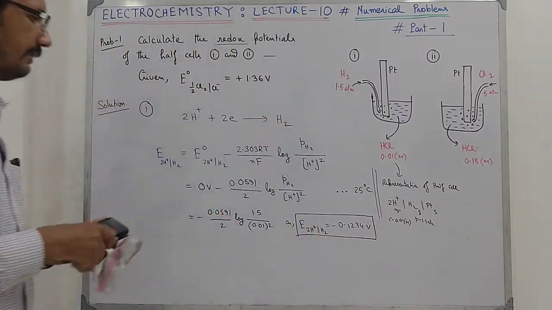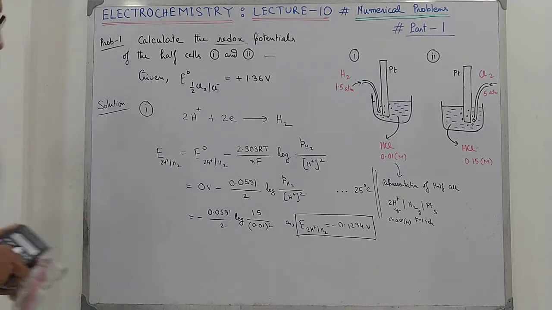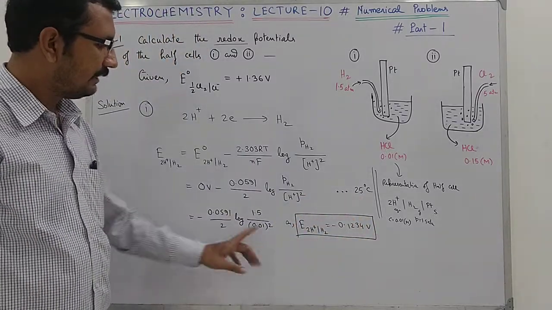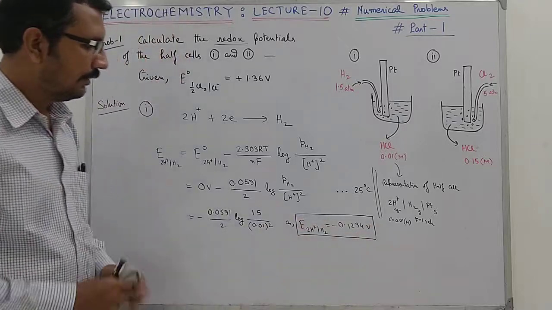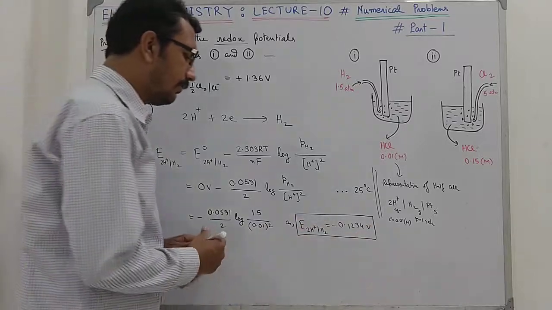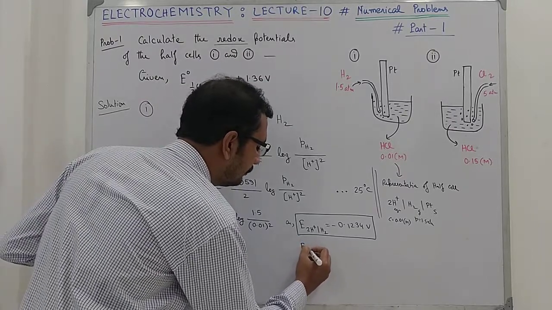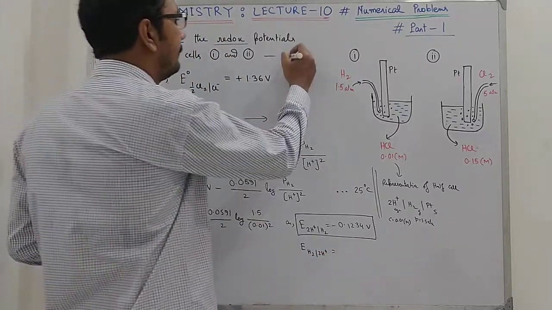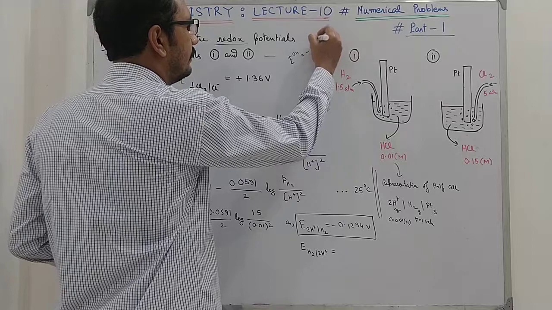So at 25 degrees centigrade it is 0.1234, right? At 25 degrees centigrade you are getting the EMF of this half cell to be minus 0.1234 volt. So if you represent it in oxidation potential, what will be the value? We know E oxidation equals minus E reduction.